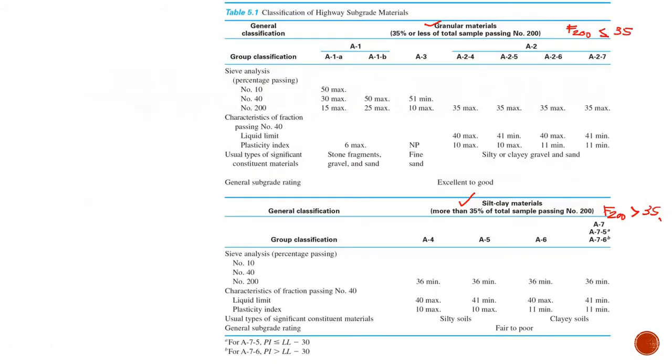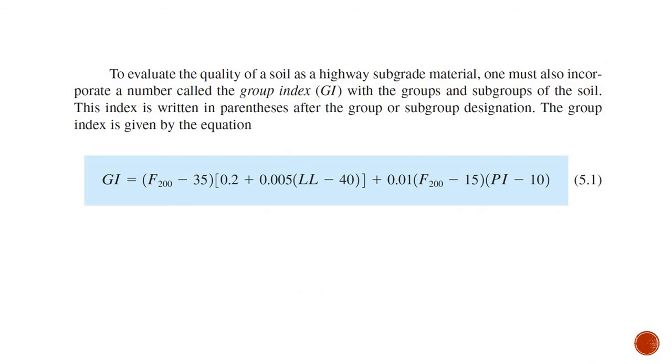So aside from the classification, we also have to evaluate the group index, or GI. To evaluate the quality of a soil as a highway subgrade material, one must also incorporate a number called the group index, or GI, with the groups and the subgroups of the soil. This index is written in parentheses after the group or the subgroup designation.